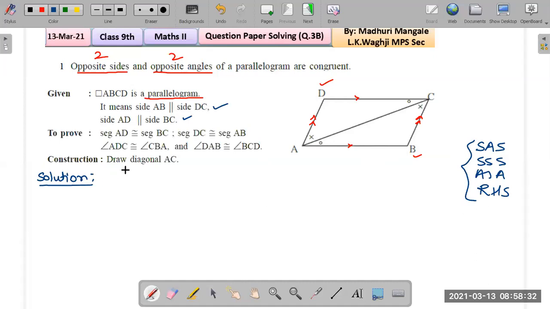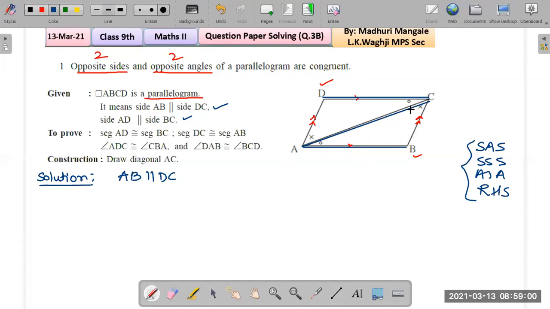So in the solution we will mention that AB is parallel to DC. See, AB is parallel to DC. So because of that, what happens? There is a Z formation, and we know Z formation means alternate angles, right? So therefore, what can we say? Angle DCA is equal to angle CAB, by which rule?